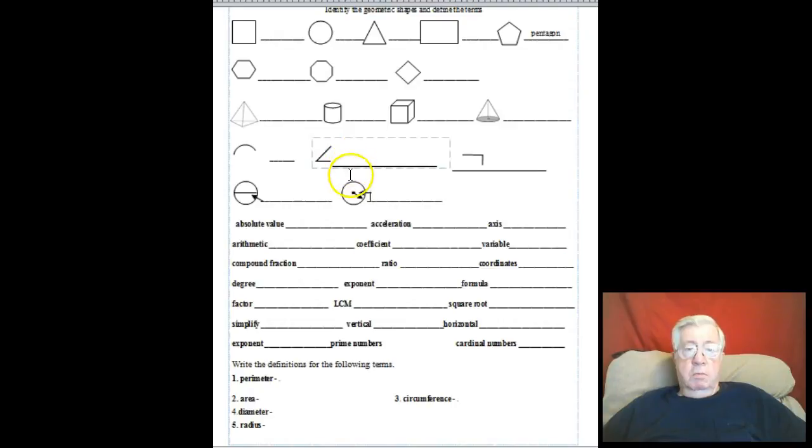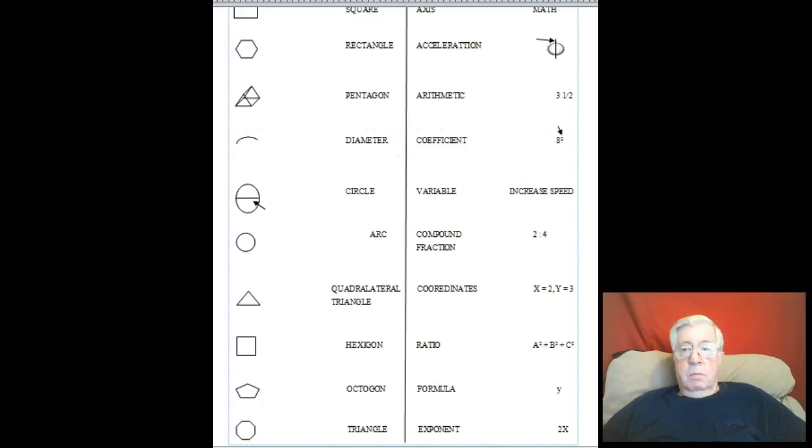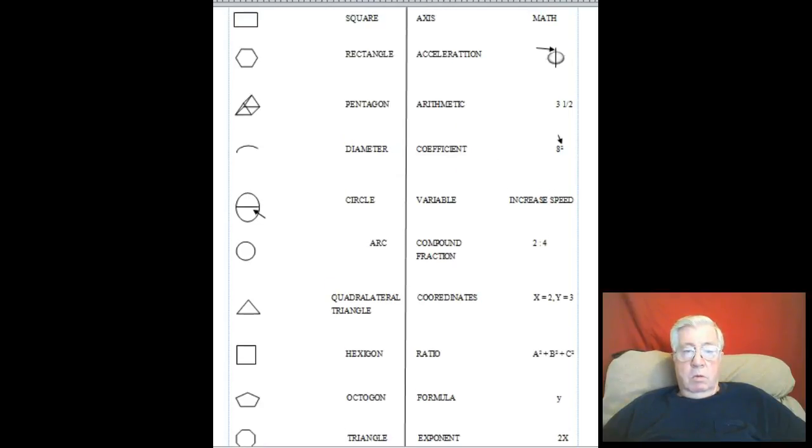Naming shapes, completing definitions, matching.